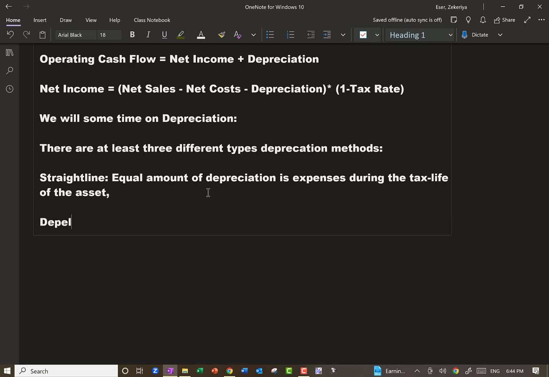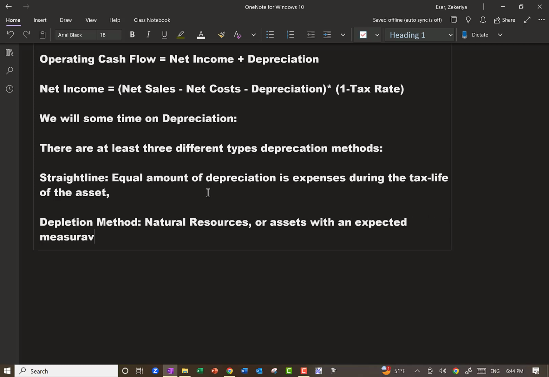Another one is the so-called depletion method. This is typically used for natural resources or assets with an expected measurable life.